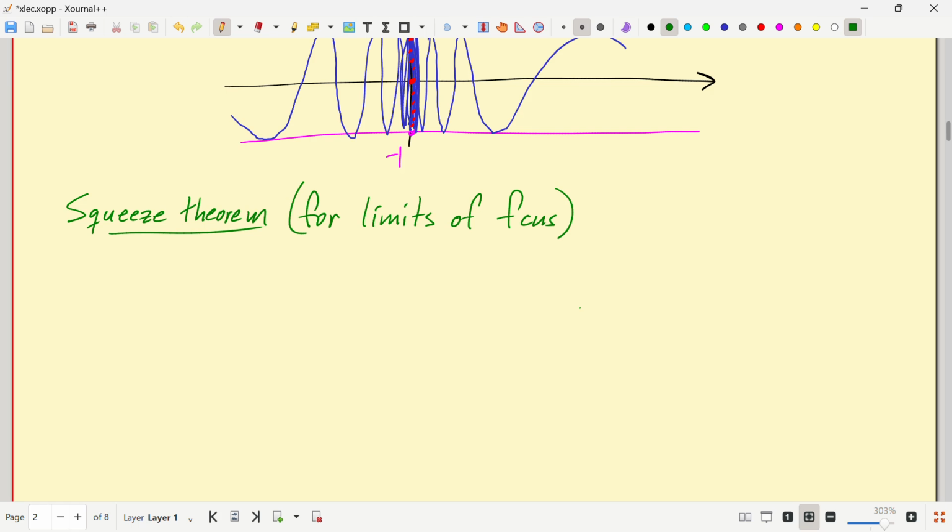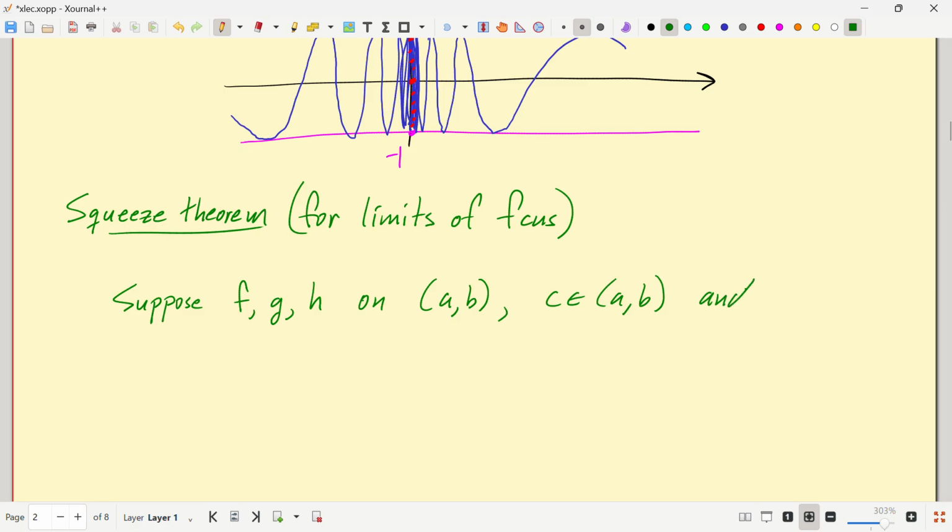And so suppose we have functions. You need 3 of them for the squeeze theorem. I'm going to squeeze something between 2 other ones. So let's suppose we have f, g, and h on an interval AB, and that C is in AB.